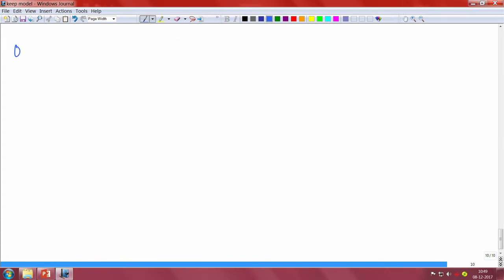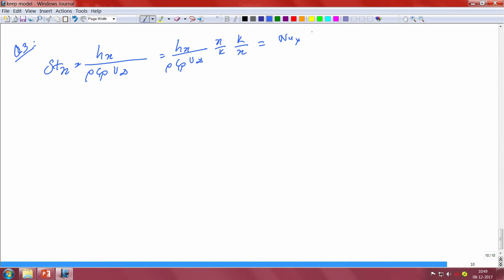So, question 3 is an easy enough question. Your Stanton number, if you write it from the definition, is Hx by rho Cp into u infinity. So, Hx divided by rho Cp u infinity, x by k into k by x. So, this will be Nusselt number x into alpha by u infinity into x, which will be Nusselt number x into gamma by u infinity into x divided by alpha by gamma.